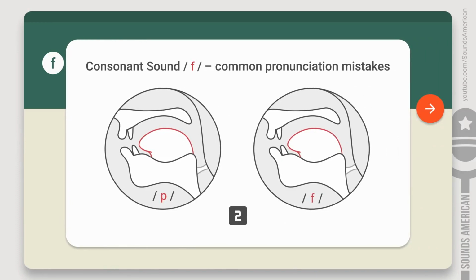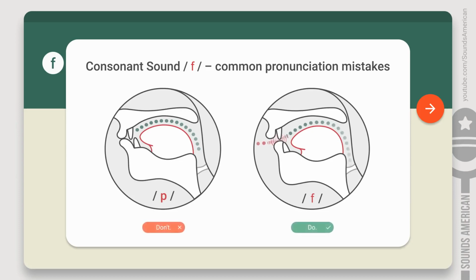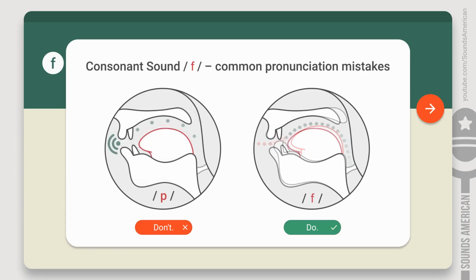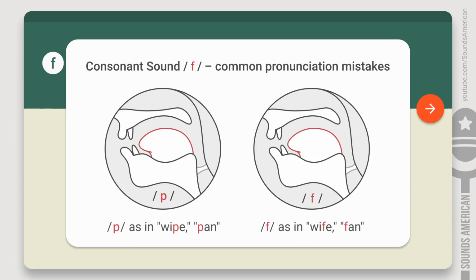Number 2. Some people involuntarily stop the air when making the f sound. This is good for making stop sounds, but the f is not one of them. The f is a continuous sound, so you should be able to stretch it out. Compare.